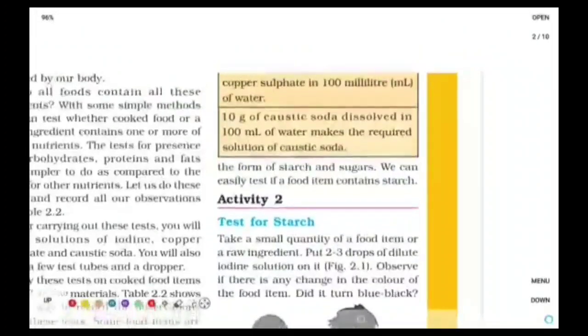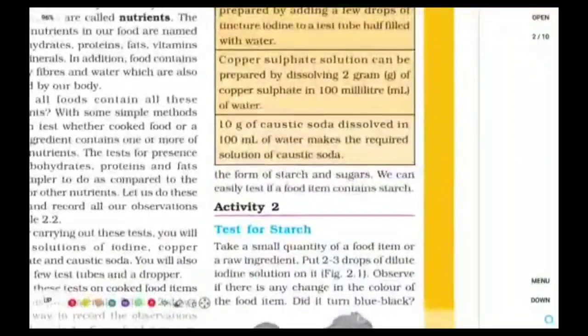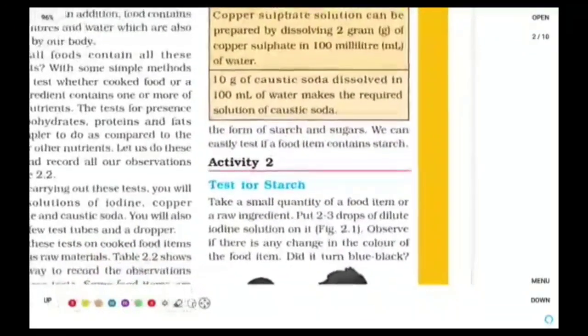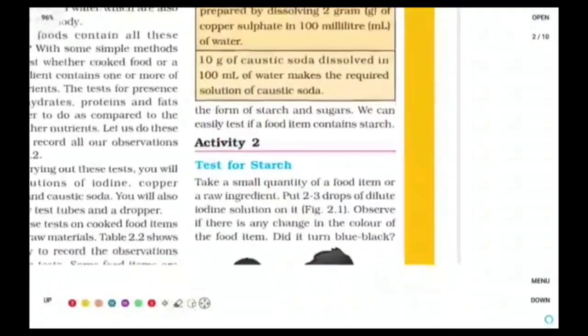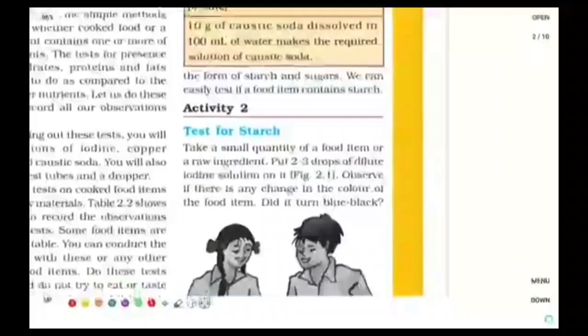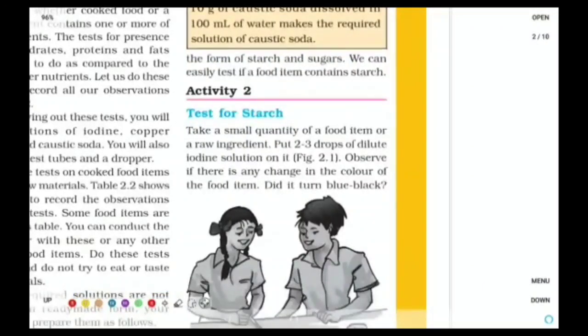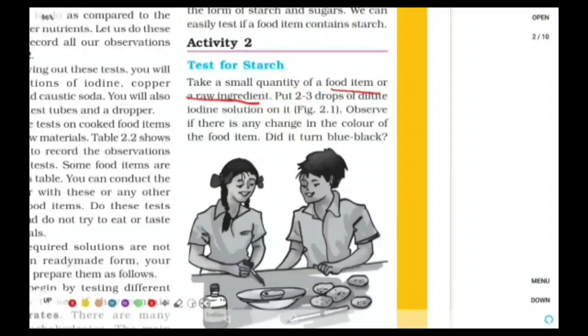How do you test if the food item contains carbohydrates or not? Now let's see that. Take a small quantity of a food item. For example, take a potato. Now cut it into half. Now put 2 to 3 drops of dilute iodine solution on it, right?